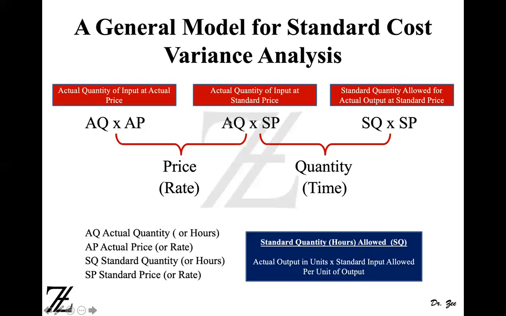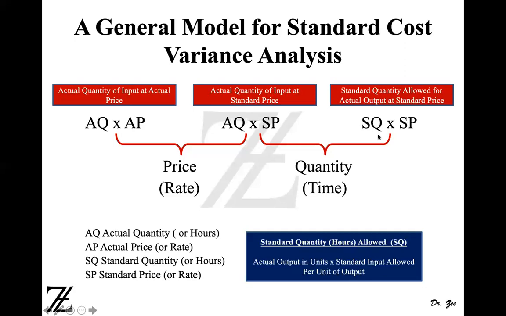Same thing here, the actual quantity times standard price, the actual quantity of input at a standard price. So you took actual quantity from here and then standard price from here. What was the standard price? The standard price was the budgeted price, the price that you said it will cost you this much to obtain this material. So $10 per pound to obtain that material. That would be the budgeted price for that material that you're using, and that's the actual price you paid per pound of material that you're using.